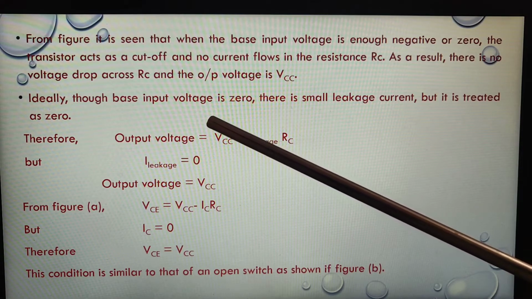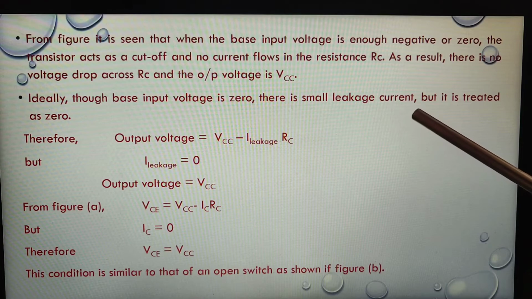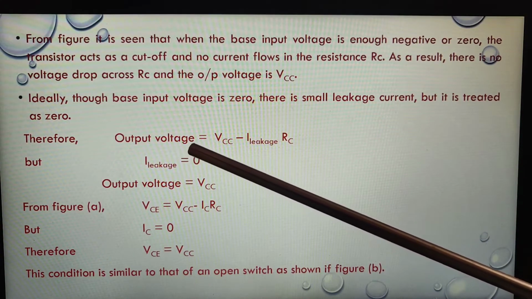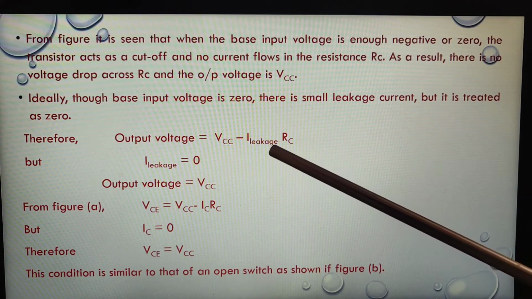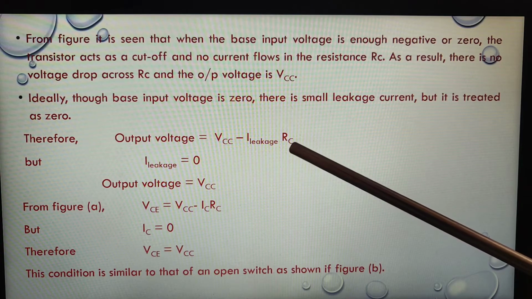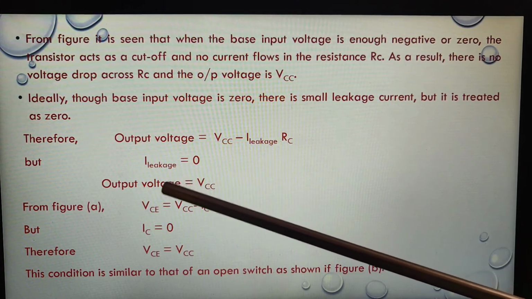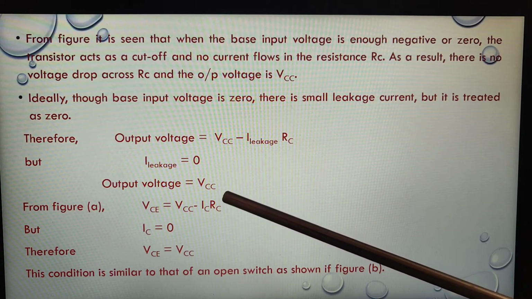Ideally, though the base input voltage is 0, there is a small leakage current, but it is treated as 0. Therefore, output voltage equal to VCC minus I leakage into RC. Okay, but here I leakage equal to 0. Therefore, the output voltage equals only VCC.